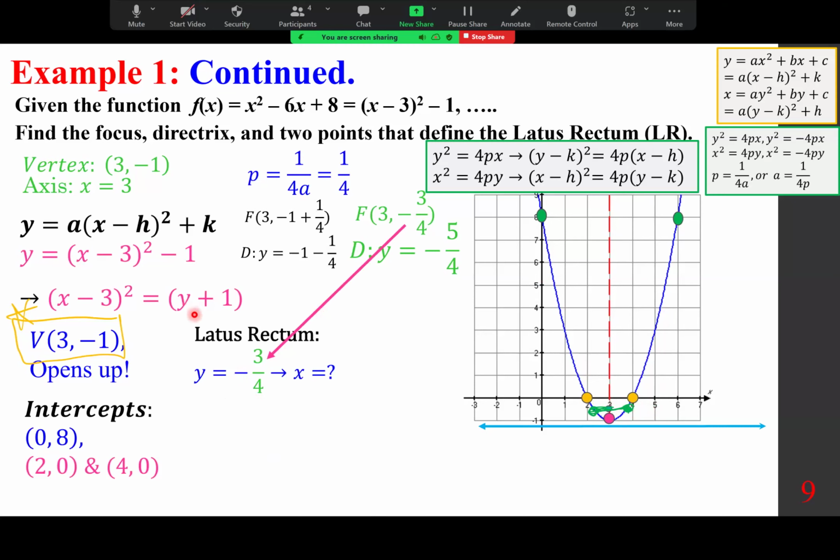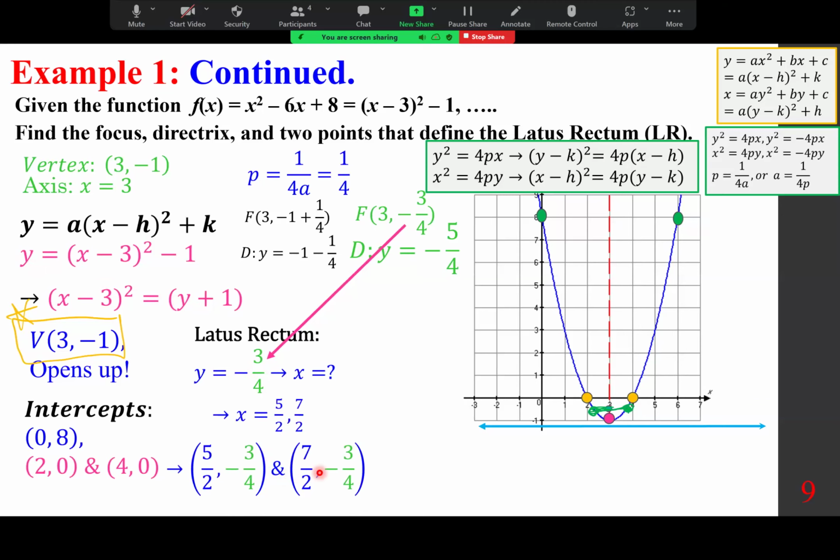If you replace the y with negative 3/4, you can calculate the x, and x becomes 5/2 and 7/2. I'm going to leave it for you to show that. And so the 2 points have coordinates 5/2 and negative 3/4, 7/2 and negative 3/4.